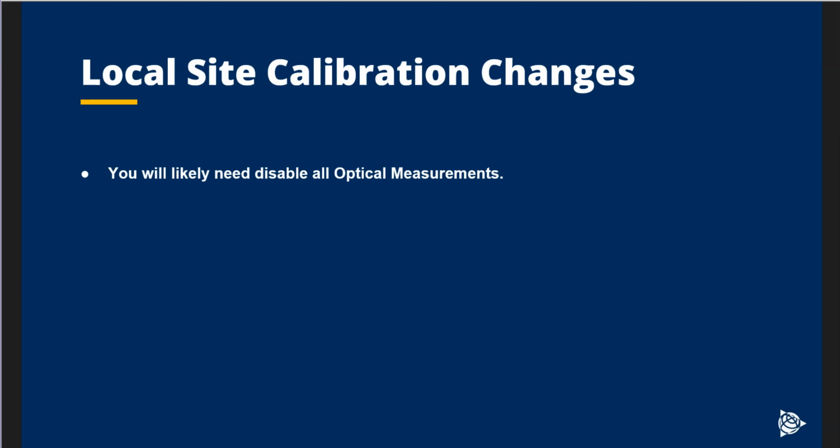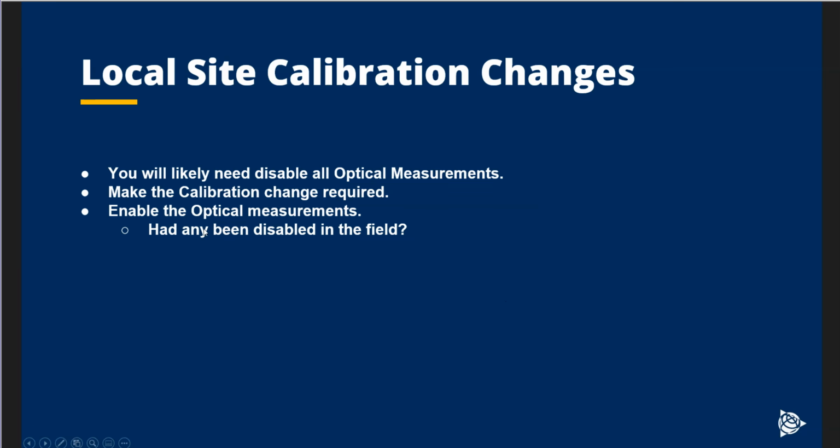So sometimes TBC will kick you an error that says, hey, you can't change this calibration because you've got these points locked down. So this is something to be aware of. The pitfall there is this note right here: had any of the observations been disabled in the field.